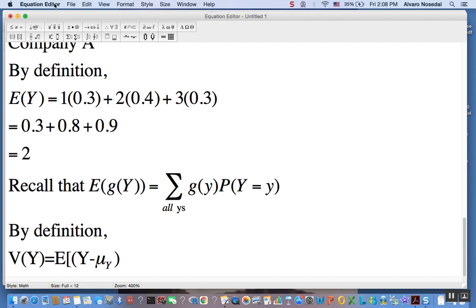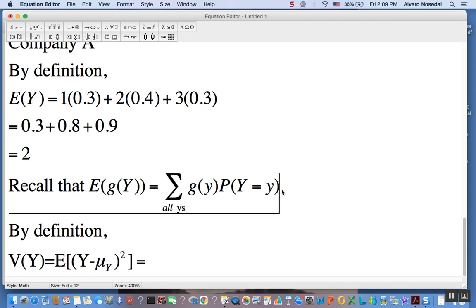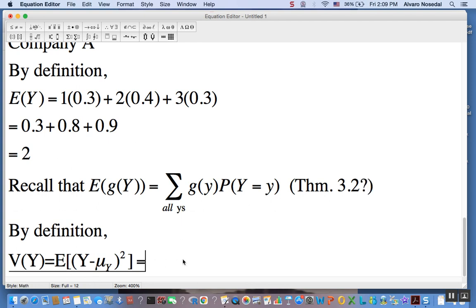Okay, we have a square here. Okay, so that's the definition of the variance: expected value of your random variable minus its mean, the whole thing squared, right? Using this theorem, which I think in our textbook is theorem 3.2. You can check that later in your textbook, but I believe that it's theorem 3.2. That's what they call it.